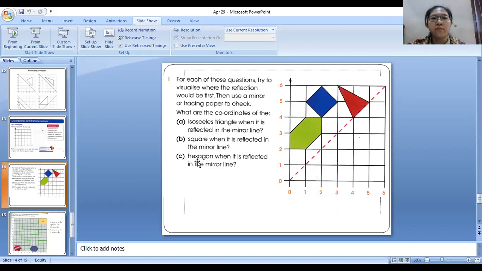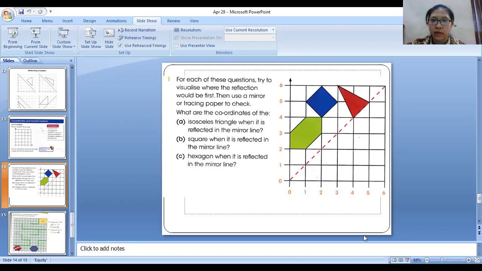In questions A, B, and C, you write down the coordinates. This is three-sided, so there will be three coordinates. For B, there will be 1 to 4 coordinates, and for C, 1, 2, 3, 4, 5, 6, there are 6 coordinates. You just need to write down the coordinates.